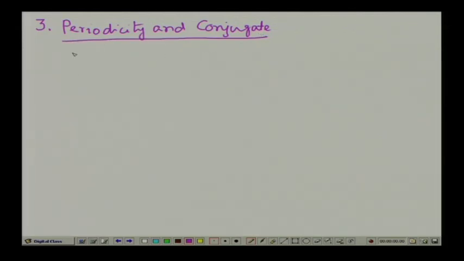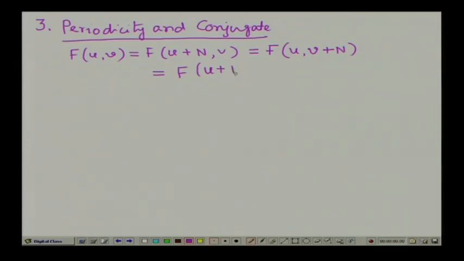So, this periodicity property says that F(u,v), the Fourier transform of our signal f(x,y), is equal to F(u+N,v), which is the same as F(u,v+N), which is the same as F(u+N,v+N).